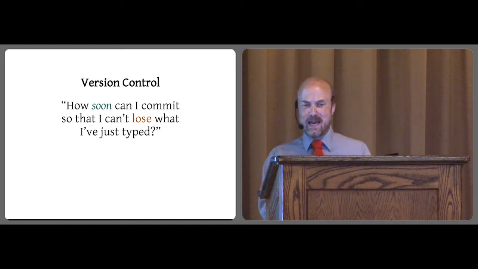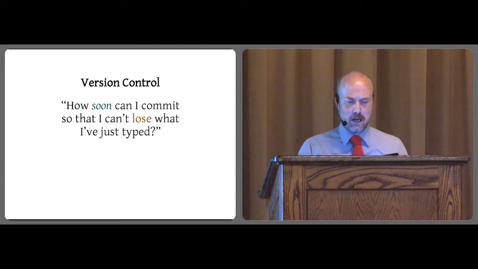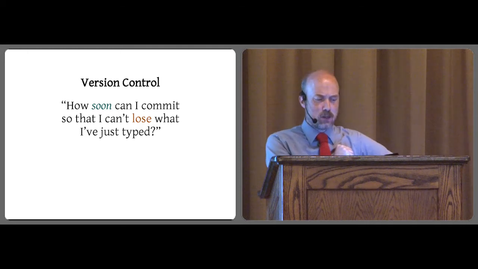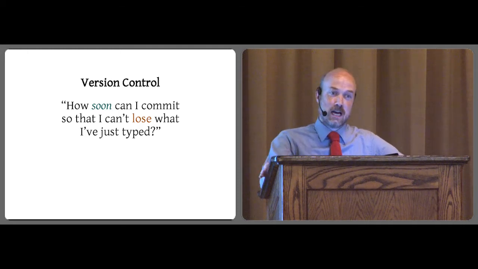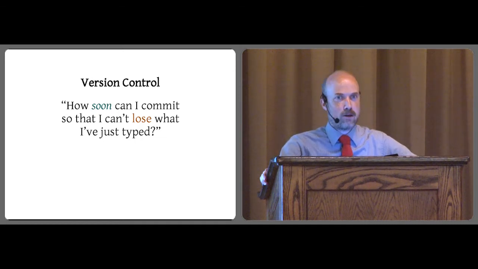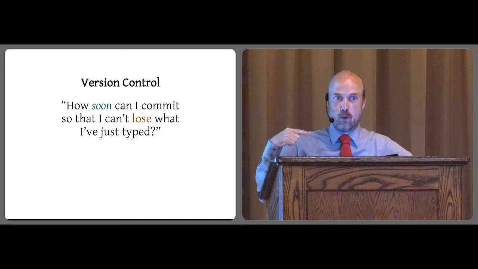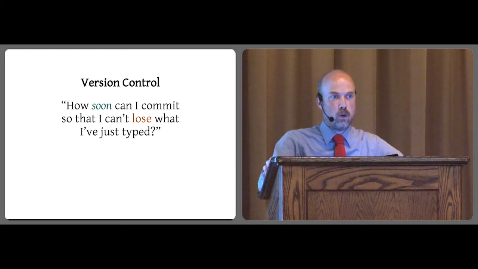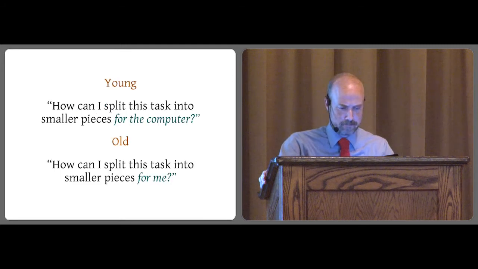My attitude has really come to be, how soon can I commit so that I can't lose what I've just typed? Especially on something like astronomical computations, I probably threw away 2/3 of the code I wrote because it was so rare at some points for me to start writing code and not break everything hopelessly.